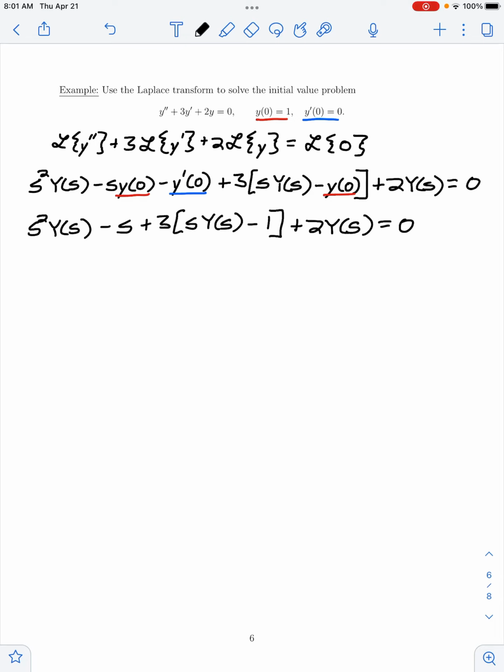So on the left-hand side, if I expand and group like terms, let me start by grouping all the terms involving capital Y. So on the left-hand side, I'm going to have s squared plus 3s plus 2 all times capital Y. And then I've got remaining values of minus s minus 3, and this is equal to 0.